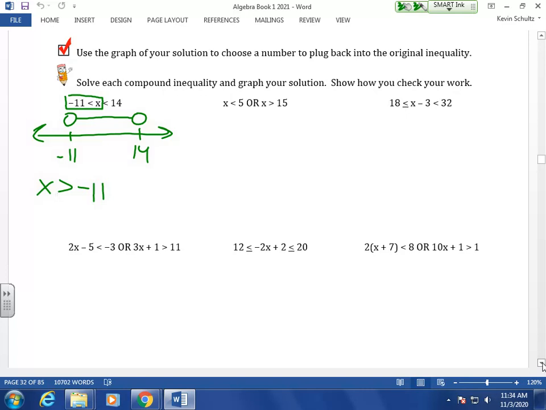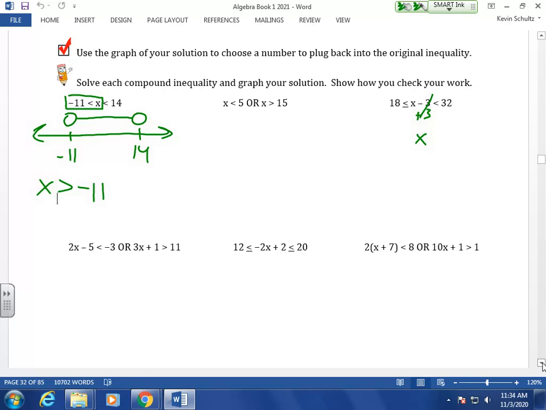Okay. On this third one, though, there's some work to be done, right? Because what this is saying is that the value of x minus 3 is between 18 and 32. We want to figure out what values for x are going to make that true. So just like any other equation or inequality, to get x by itself, we're using opposite operations. We are going to add 3 to the expression x minus 3 to cancel it out and get x by itself.